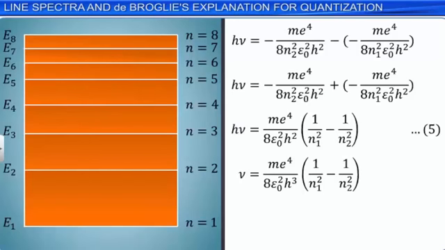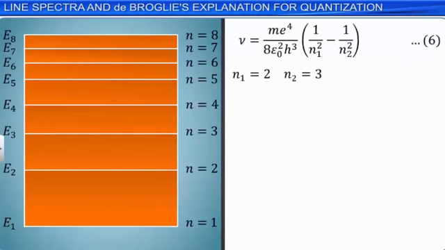Substituting n1 is equal to 2 and n2 is equal to 3 in equation 6, we get nu is equal to m e to the power 4 by 8 epsilon naught square h cube into 1 by 2 square minus 1 by 3 square.